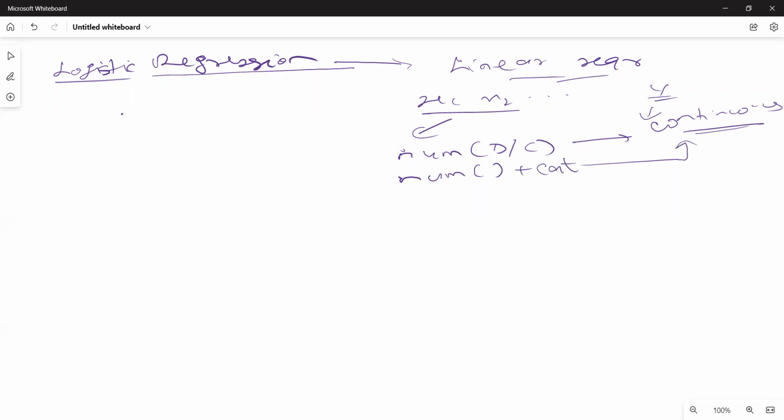So in a logistic regression, we have something similar. We have a set of features and we have a y variable. But this y variable is going to have something called a class, or we can say a category.